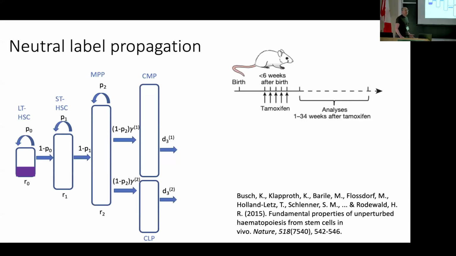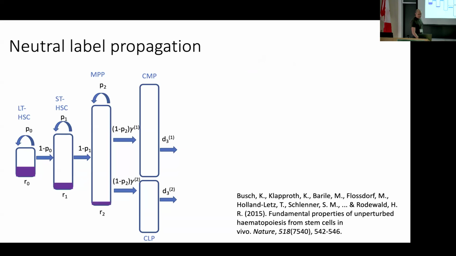So how do we get insights into the kinetics of this process? There are some very interesting mouse experiments that came out relatively recently from Thomas Höfer's lab in Heidelberg. It's called a label propagation experiment. They label the long-term stem cells in the mice, with a label that you can switch on when you want to. When you do that, you can follow the progression of the label from the long-term stem cells to the various compartments.